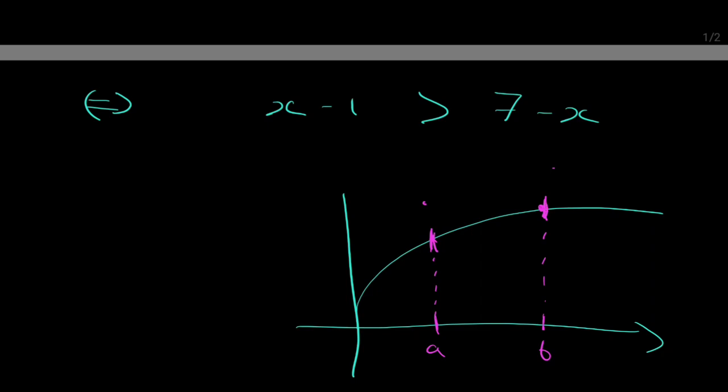If the image is greater than another image, this means that the argument is greater than the other argument.